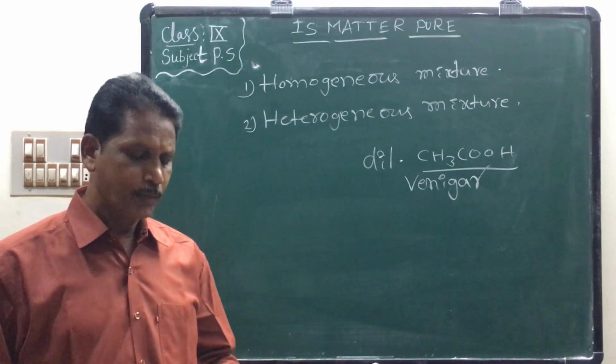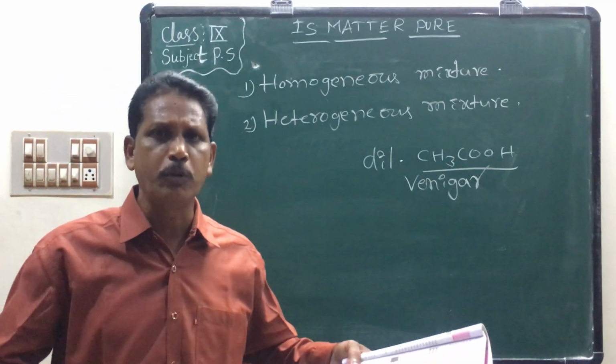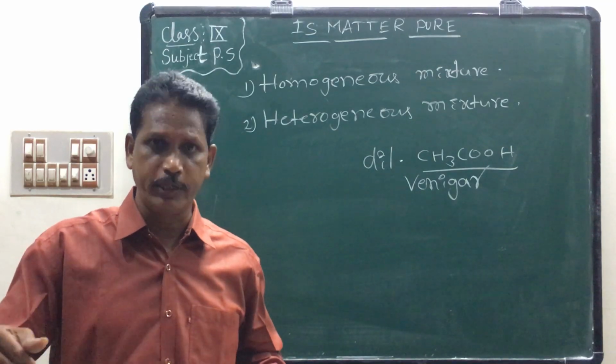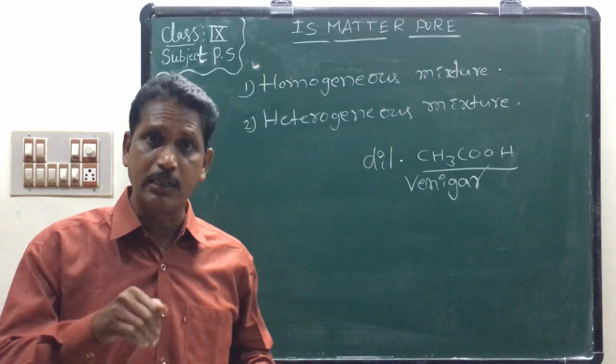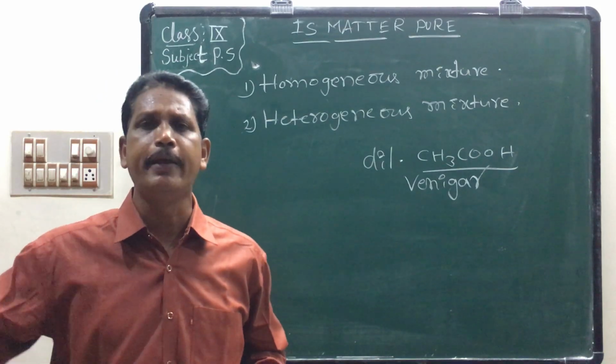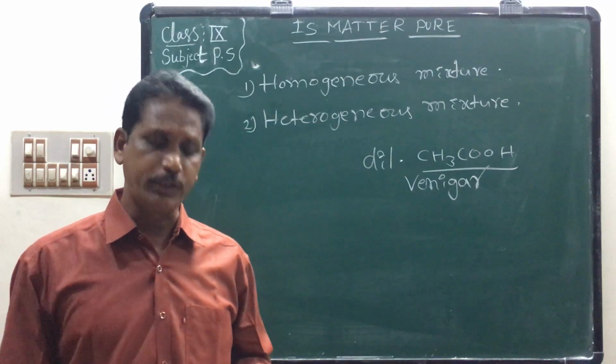In a homogeneous mixture, the components are uniformly distributed throughout the water. But the same salt is not distributed uniformly in the kerosene. It does not dissolve in the kerosene.